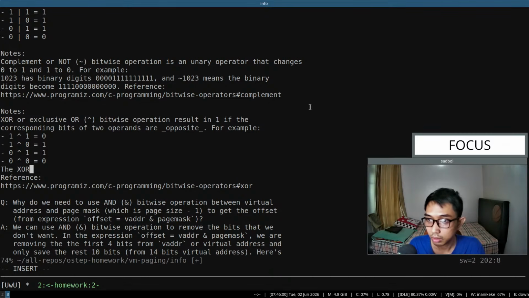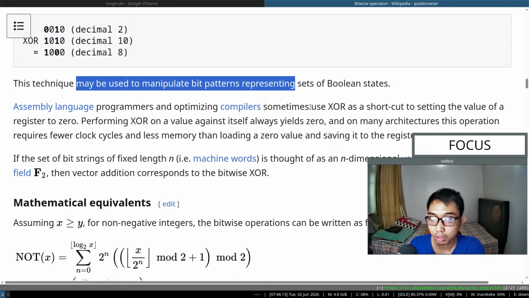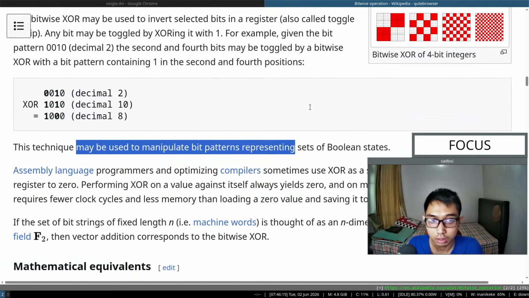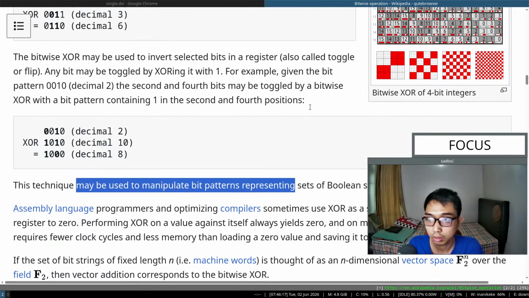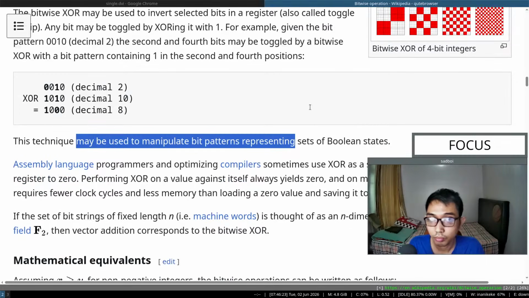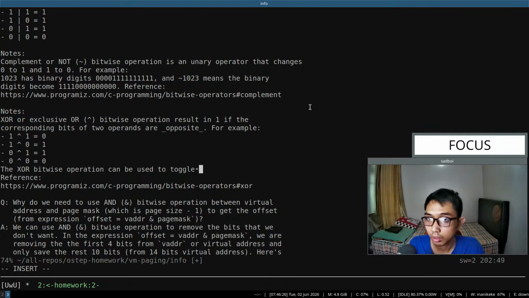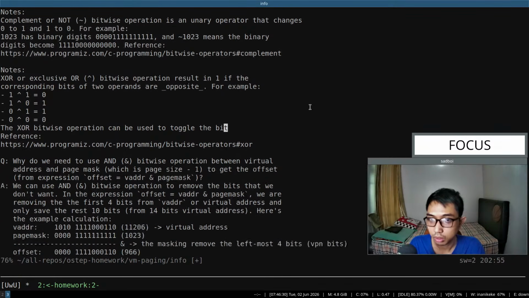The XOR can be used to toggle the bit, maybe something like this.